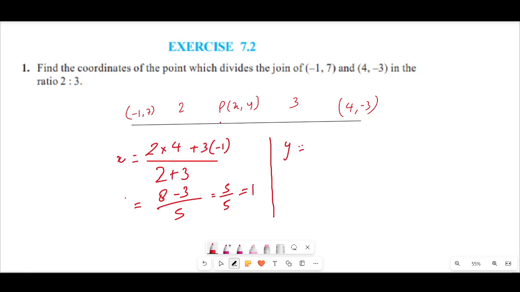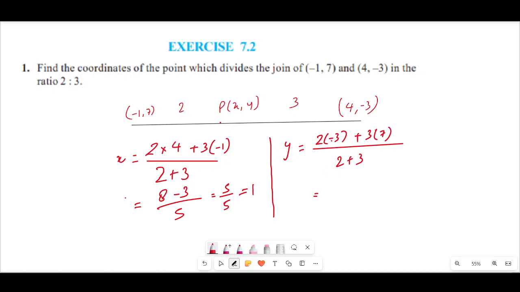Now for y, we can find the value in the same manner. Here we used 2 into 4, the first coordinate, and 3 into the first coordinate. Now for y we should use the second coordinate of each point: 2 into -3 plus 3 into 7, over 2 plus 3.